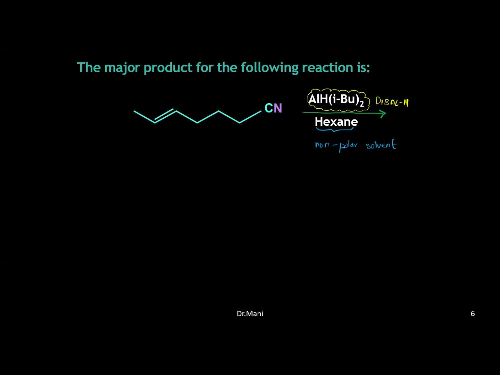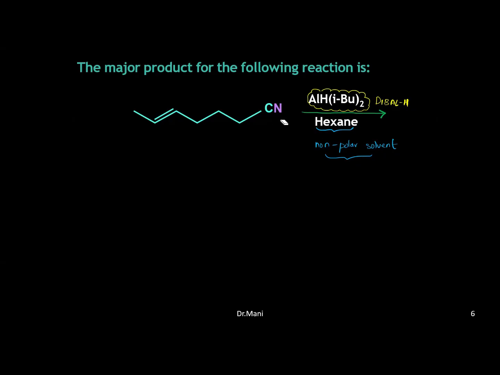So when it is a non-polar solvent, it will selectively reduce. It will be helpful to maintain the selectivity of the reduction, you can say. That means whatever reduction is happening, it will happen up to the aldehydes. It will not further convert into amines.